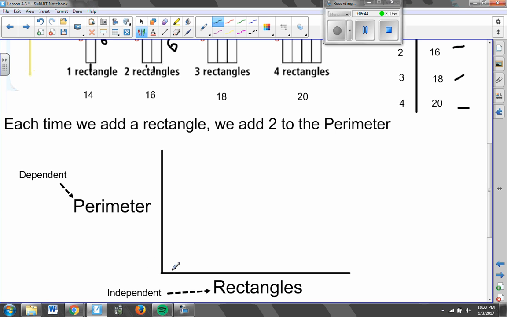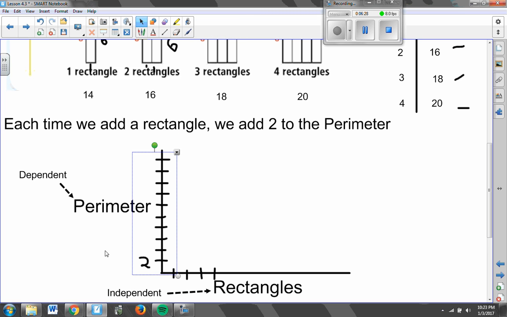Now, when I create a graph of this, I'm going to do some marking off on my rectangle axis. 1, 2, 3, 4. That's probably good enough. I could obviously have spaced those out a lot more because I only have 4 points I need to plot. But on the perimeter, I'm going to count by 2s and try to get all the way up to 20. 2, 4, 6, 8, 10, 12, 14, 16, 18, 20.